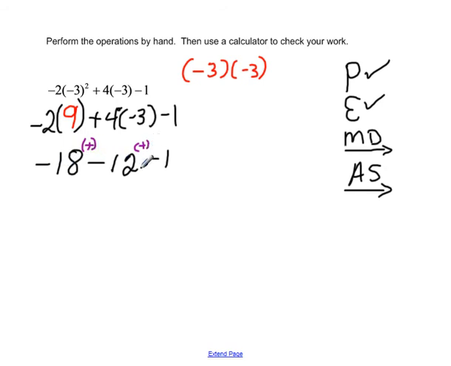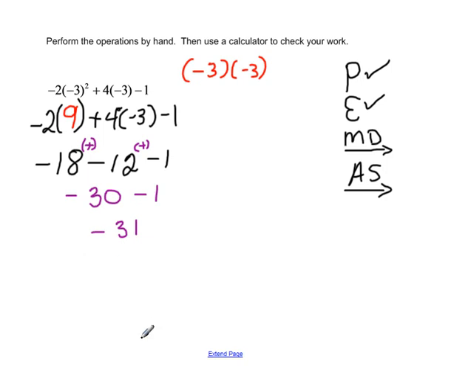And then when we write down this -1, that's the same thing as adding -1. And now when we combine all of these, -18 plus a -12 is a -30, and then we still have that -1. -30 minus 1 is going to give me -31.